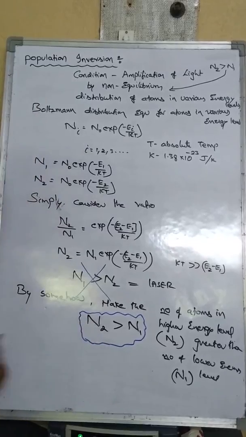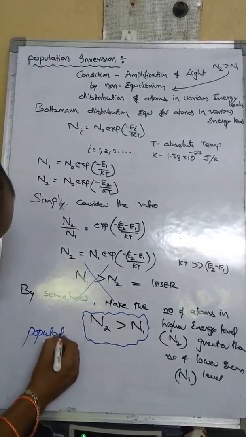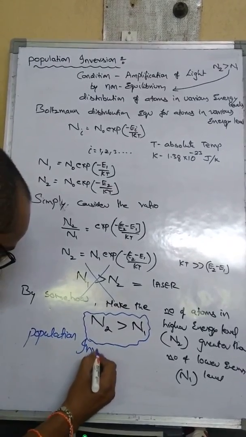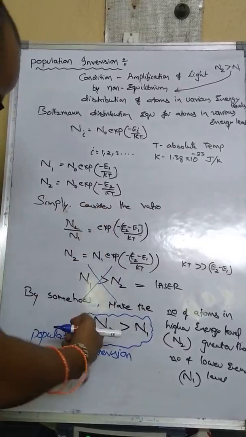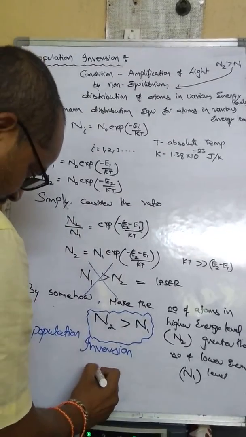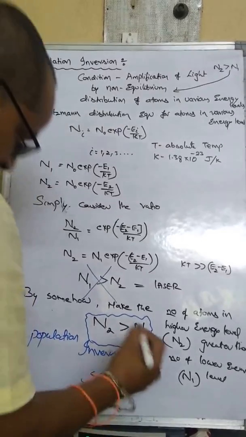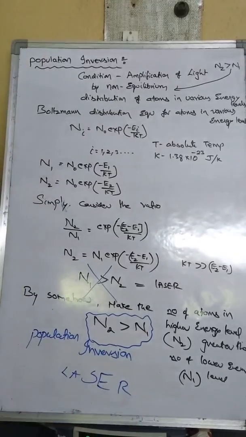This is the condition, n2 greater than n1, known as population inversion, where I had inverted the condition. When this population inversion is attained, then stimulated emission automatically occurs, and as a result we attain the laser.